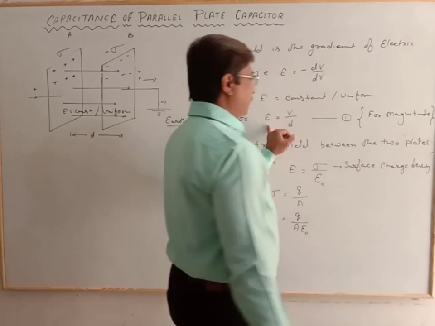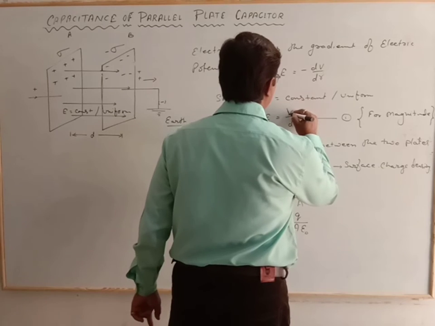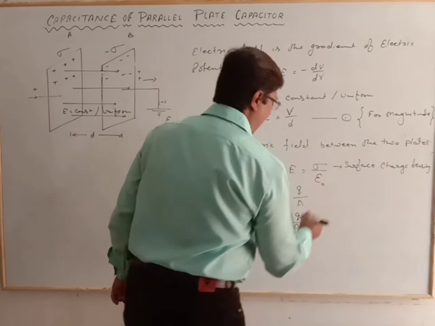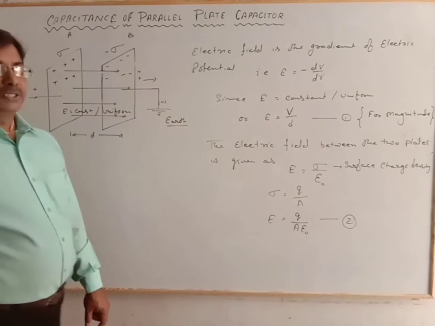So here we got the electric field as the potential of the plate over the distance between the plates, and here we have another relation, equation number 2.